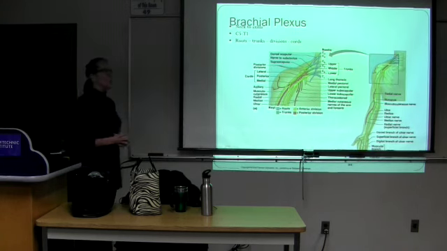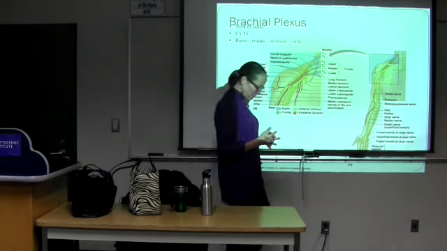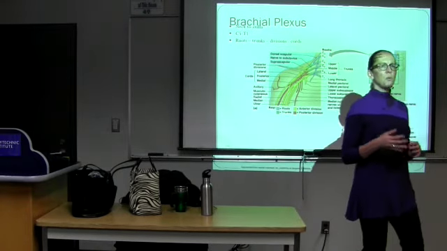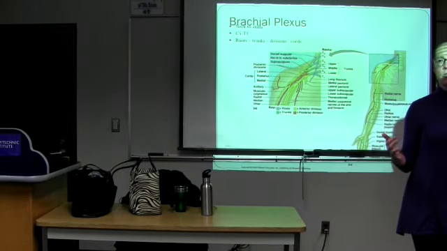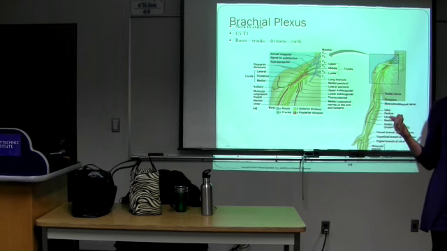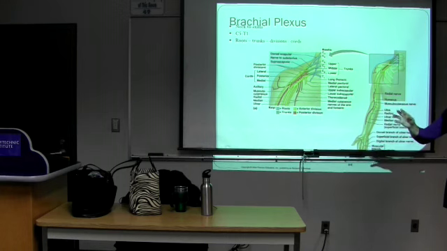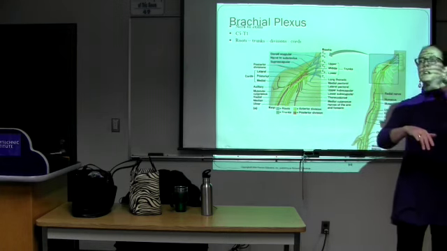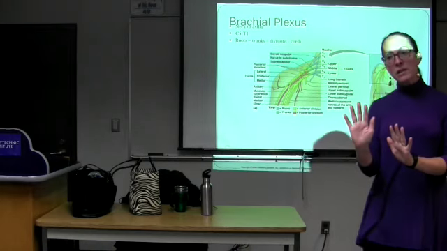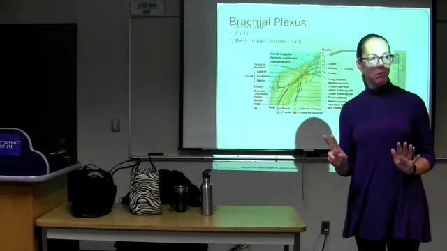Okay. So the brachial plexus, the nerve roots that will feed the brachial plexus are C5, C6. This is the range, C5 to T1. It doesn't mean C5 and T1. It means what? C5, C6, C7, C8, and T1.